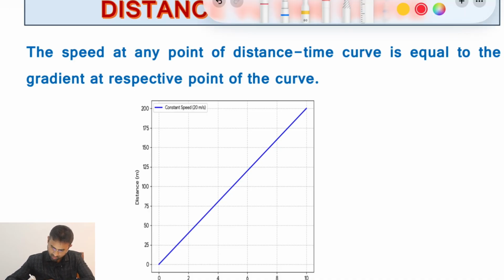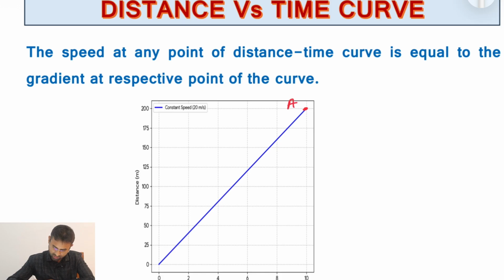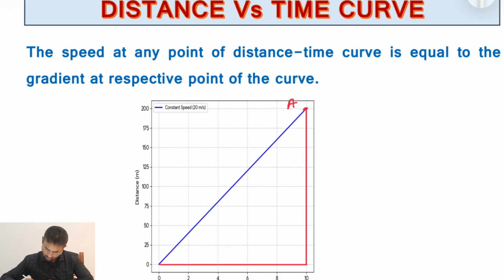Say if we want to determine the speed at the point A, this value will be the gradient of this point A, that is the y displacement over the x displacement. Here y displacement denotes the distance and x displacement denotes the time.